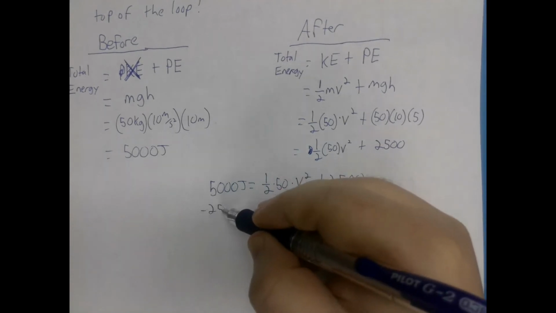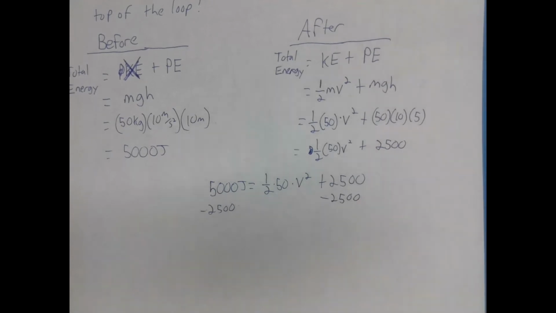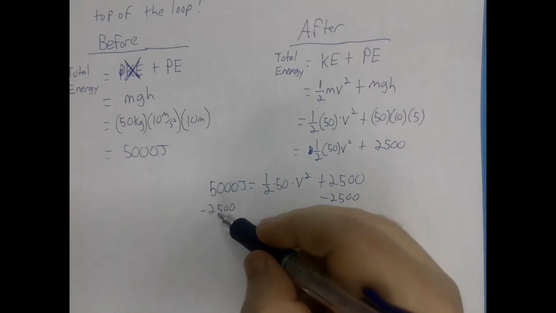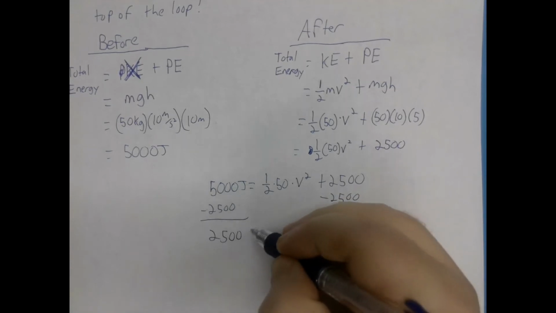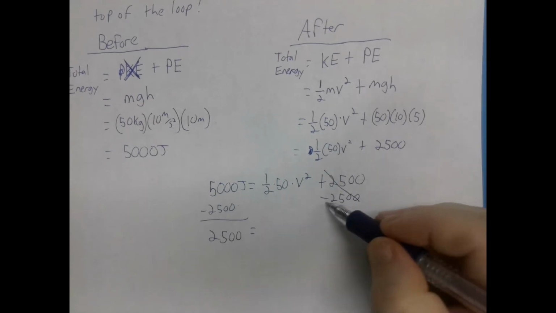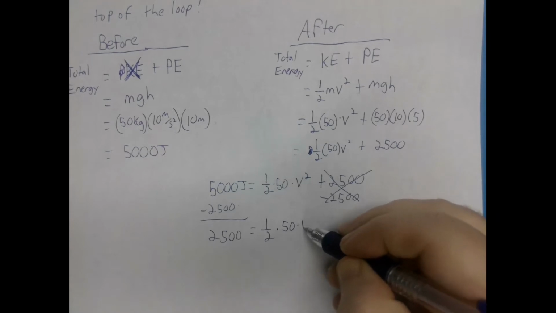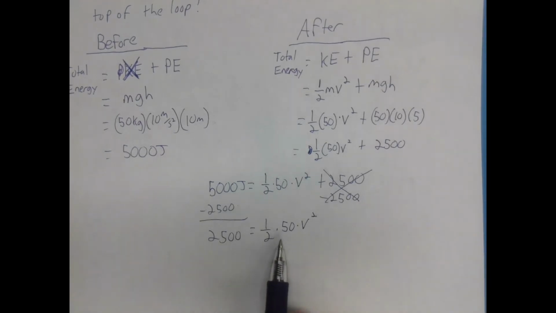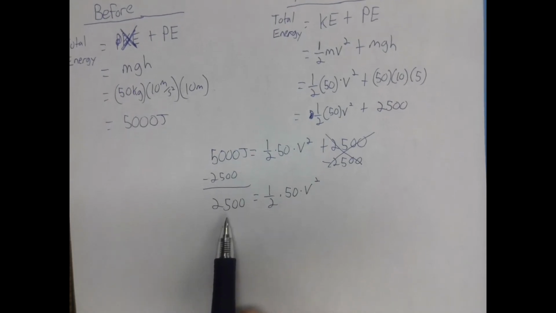So let's subtract 2,500 from both sides. So 5,000 minus 2,500 is just 2,500. 2,500 minus 2,500, that disappears. And we have an equation like this. 1/2 times 50 times velocity squared is equal to 2,500.